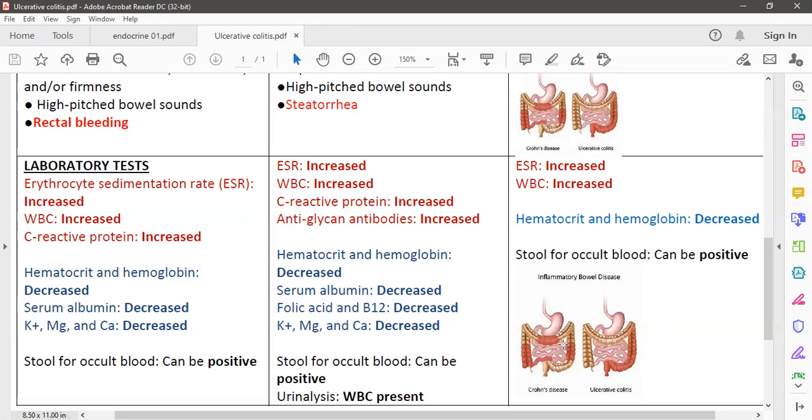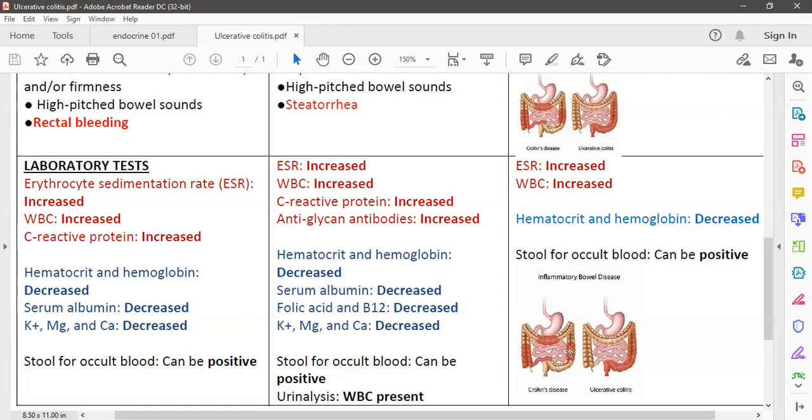And here, Crohn disease is the inflammation and ulcer development of the small intestine, especially the ileum, the terminal portion of the small intestine. There is also a chance of developing a fistula. Usually the patient complains of pain in the right lower quadrant and also fever.